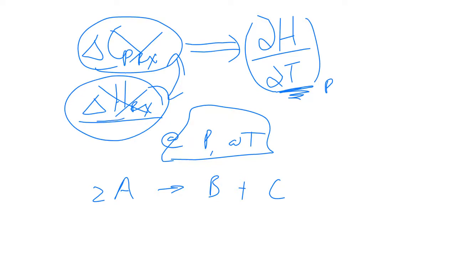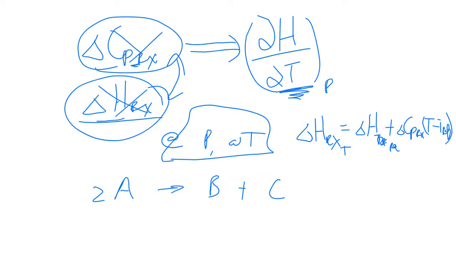Where I use the del CP reaction with del H reaction, and this is a whole derivation, a whole few pages in Smith, Van Ness and Abbott, is to say at any temperature I can relate del H reaction to a reference temperature value: del H of the reaction at a reference temperature plus del CP reaction times T minus the reference temperature.